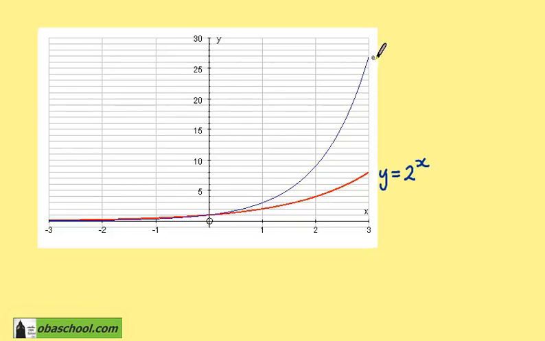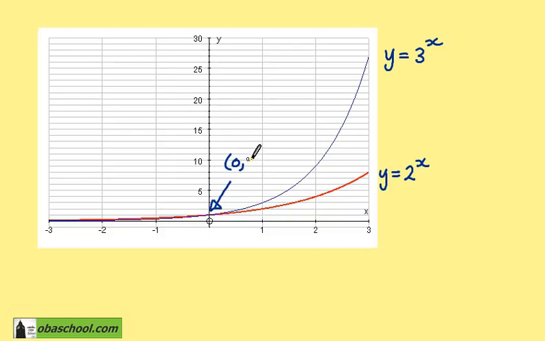This is the curve y equals 3 to the x. We can see that to the left of the y-axis, the blue curve is below the red curve, but it goes through (0, 1), just like 2 to the x, because of course 3 to the power 0 is 1.